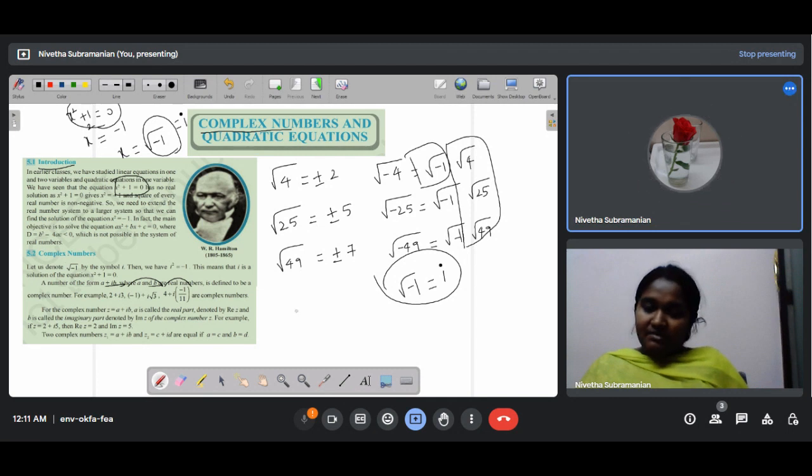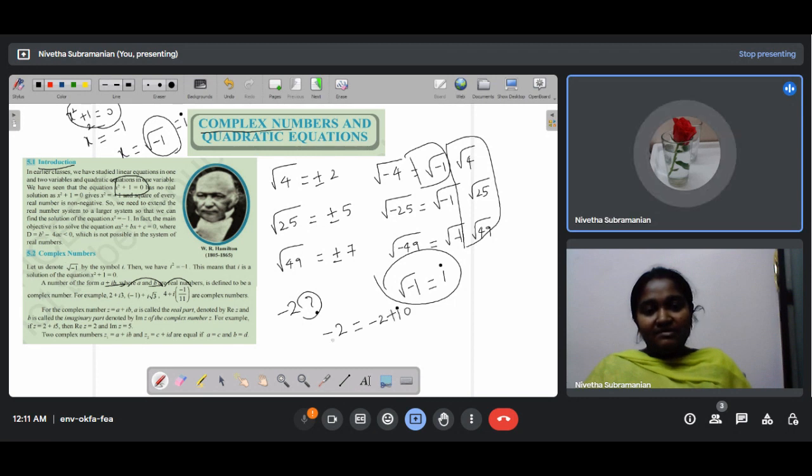My question is whether minus 2 is a complex number or not. Is minus 2 a complex number? Yes, of course, it is a complex number. You may wonder, because you will say that minus 2 is a real number only. Why is it a complex number? Minus 2 can be rewritten as minus 2 plus i into 0.